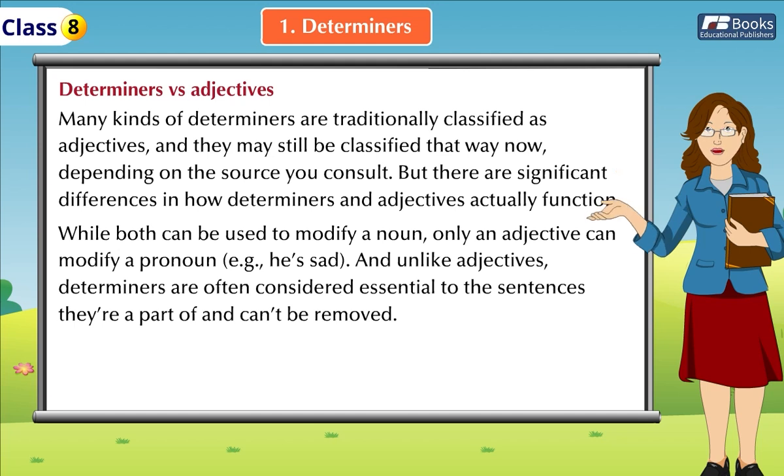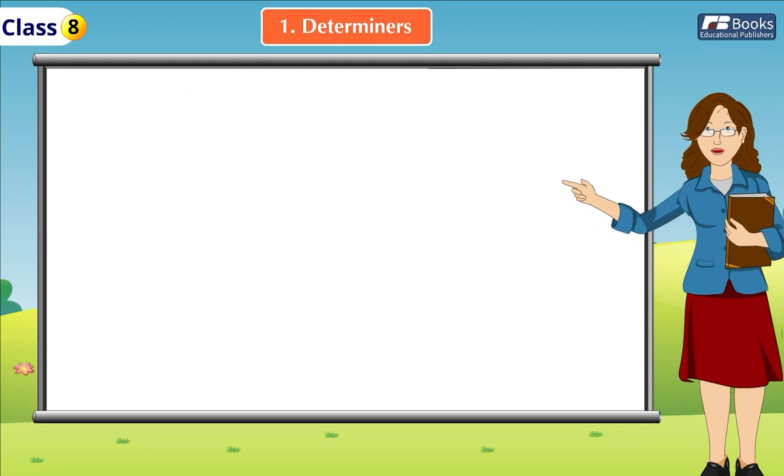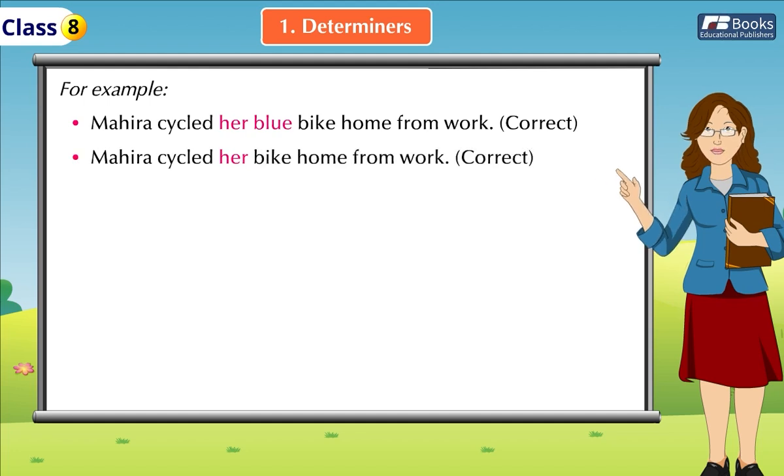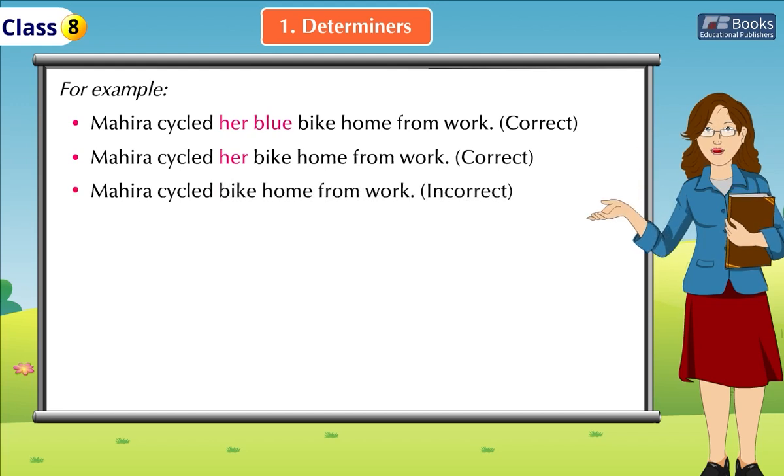Example, he is sad. And unlike adjectives, determiners are often considered essential to the sentences they're a part of and can't be removed. For example, Myra cycled her blue bike home from work. Correct. Myra cycled her bike home from work. Correct. Myra cycled bike home from work.